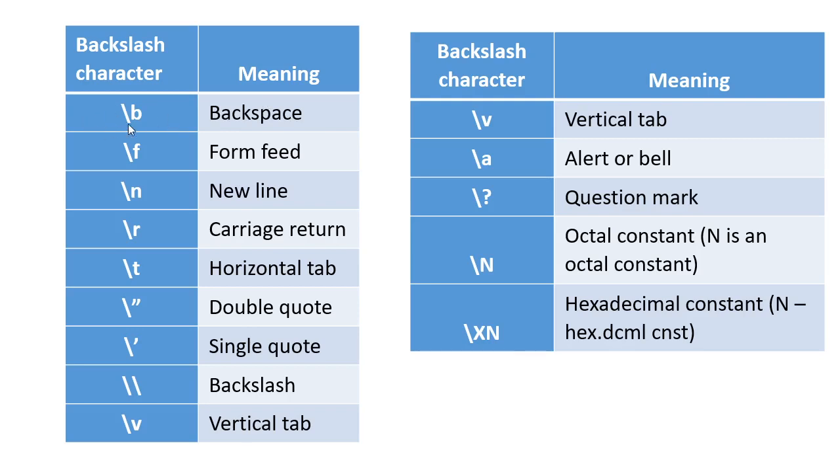When you enter this in a program, its meaning is backspace; the cursor position will go back one space. Then \f is for form feed, then \n for a new line, where the position of the cursor goes to the new line. Then \r is carriage return, and \t is for horizontal movement of the cursor with a tab.